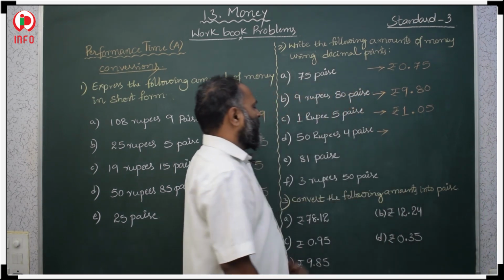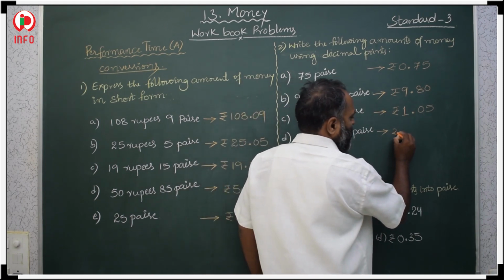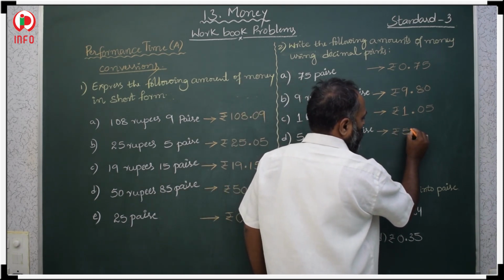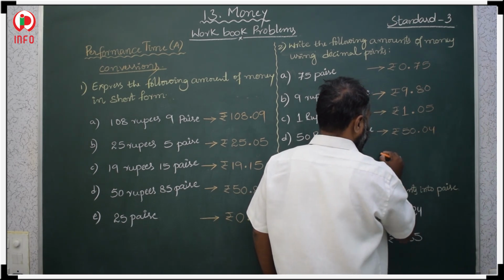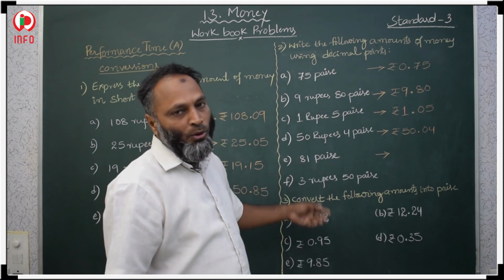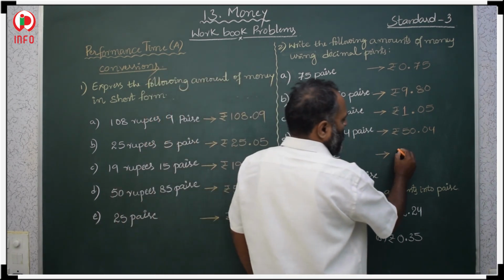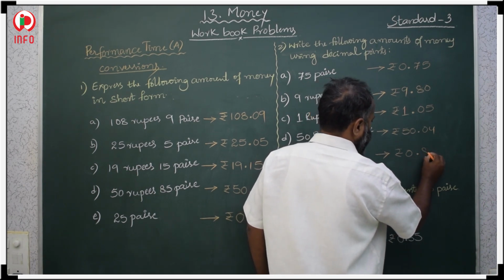Then 50 rupees 4 paisa. After rupees, 50 rupees. How many rupees? 50 rupees and 4 paisa. 4 means 04. Then 81 paisa. Here no rupees, so first the rupees symbol, 0 rupees and 81 paisa.